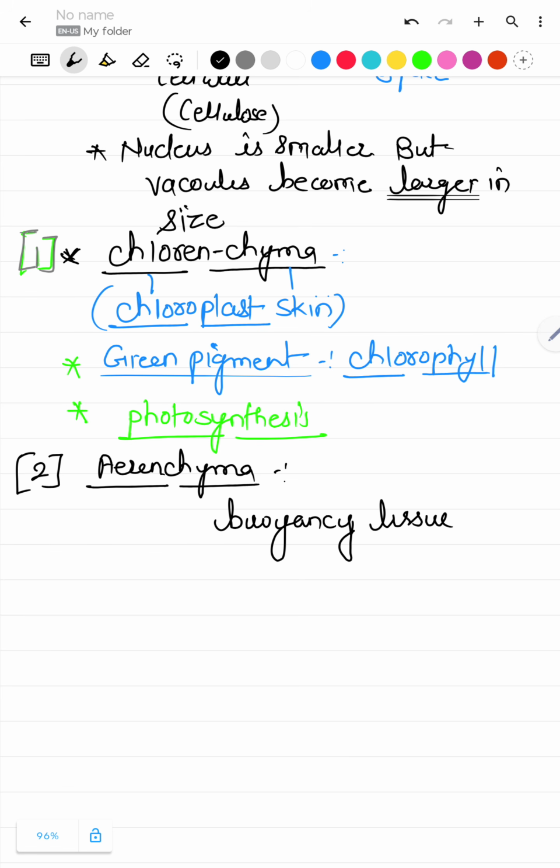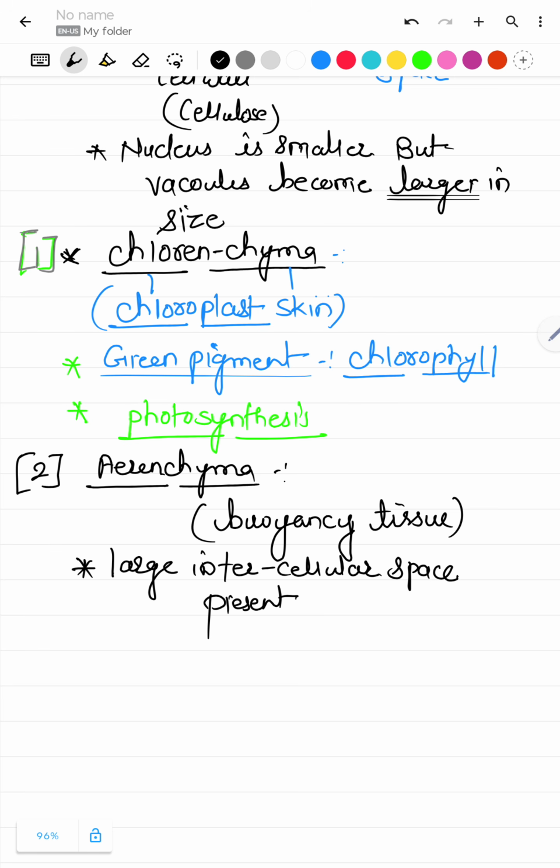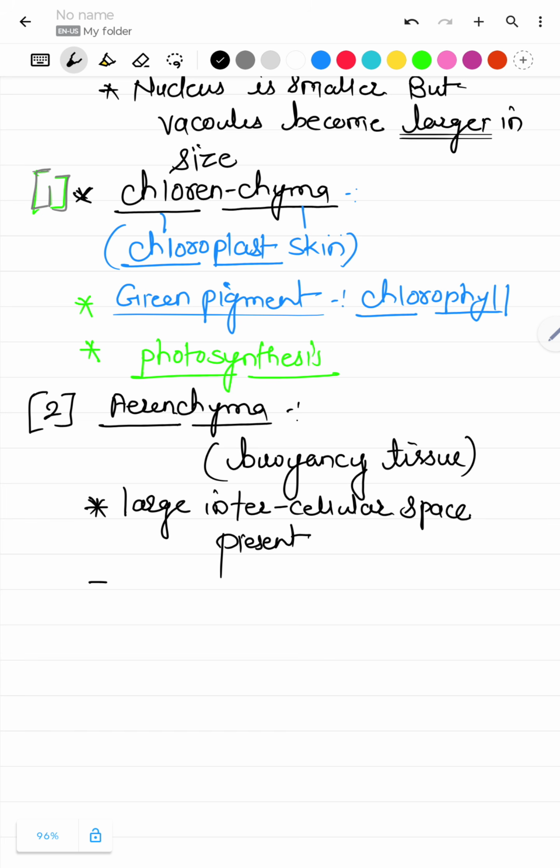Why is it called buoyant tissue? Because of the large amount of air space, or large intercellular space present. Such tissue is generally present in the grasses.